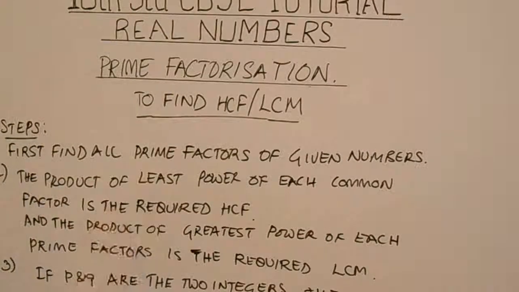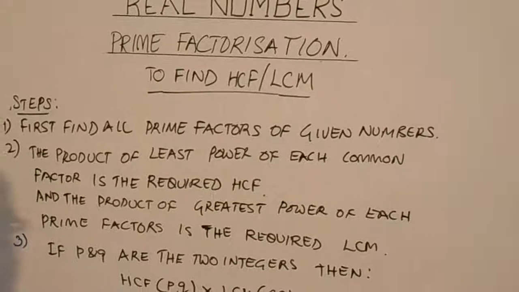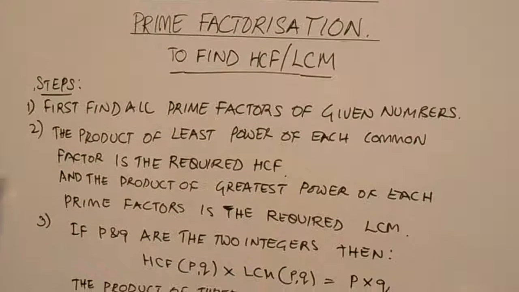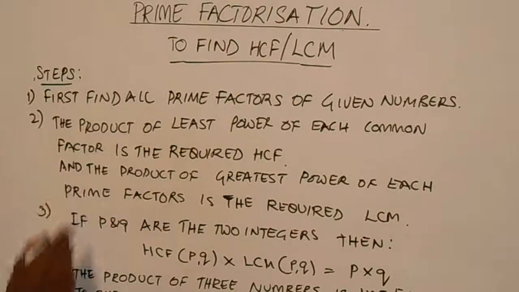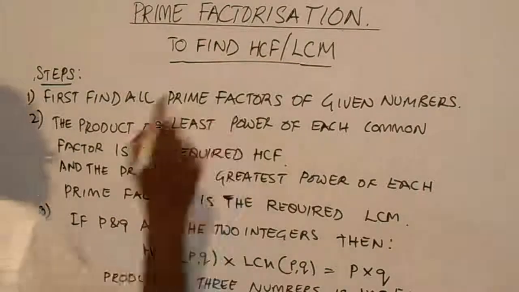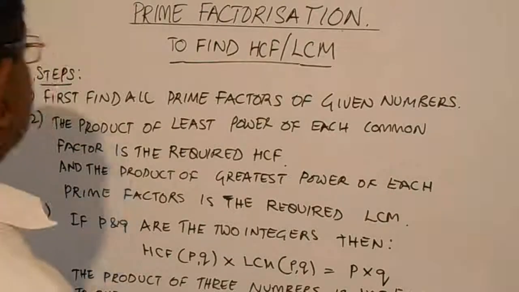Here are the practical steps to be followed for finding the HCF and LCM of 2-digit or 3-digit numbers. Step 1 is to find all prime factors of the given numbers.